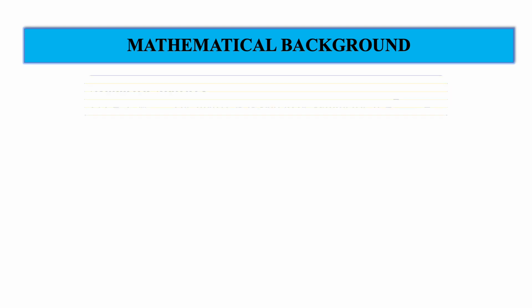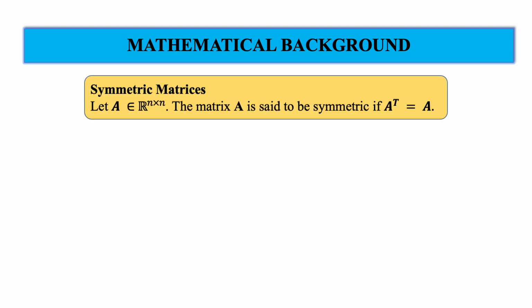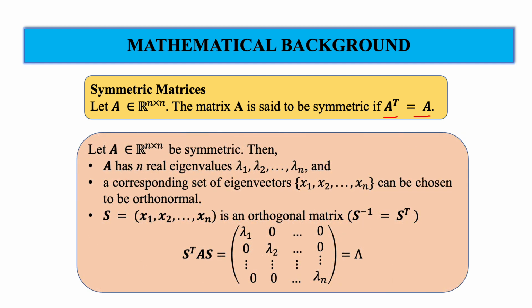In this course we will come across symmetric matrices, which have some special properties. A matrix is symmetric if the transpose of the matrix is the same as the matrix itself. Remember that we are talking about n by n matrices.